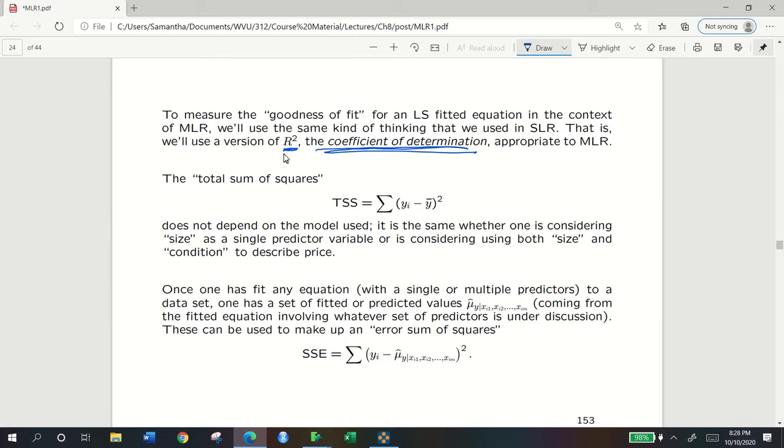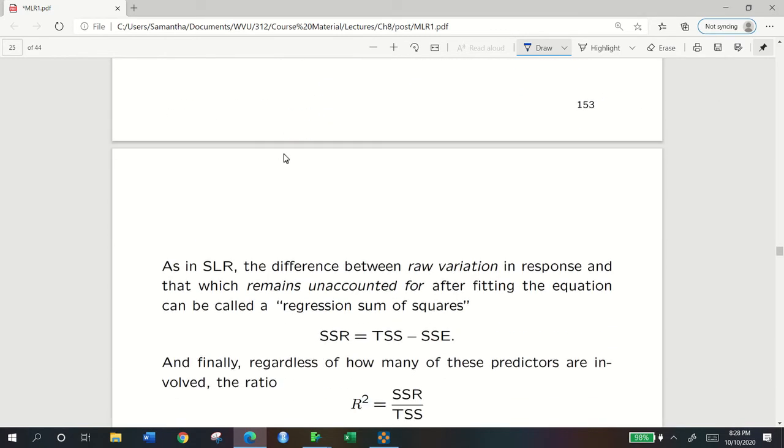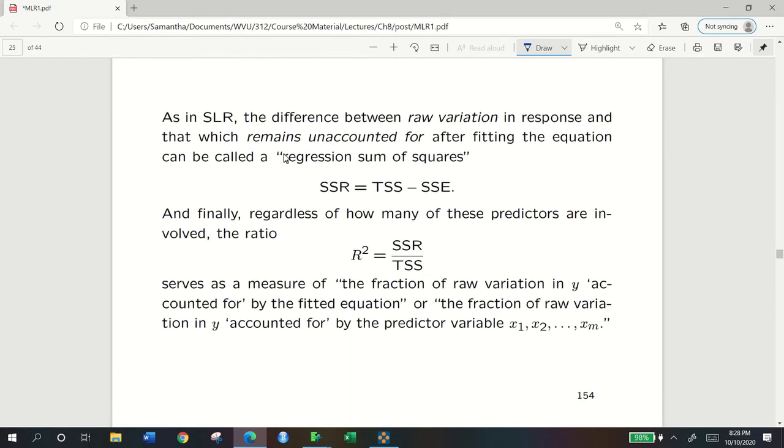So regardless of whether we have one predictor, two predictors, or 50 predictors, our total sum of squares is going to remain the same. But like I said, the issue does come along with trying to calculate our sum of squares error. We can no longer calculate that by hand, so we will have to get that from JMP. And our sum of squares regression is still related to our sum of squares error and total sum of squares as it was before.